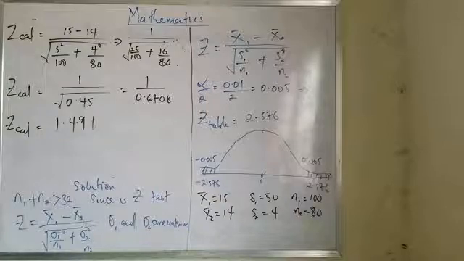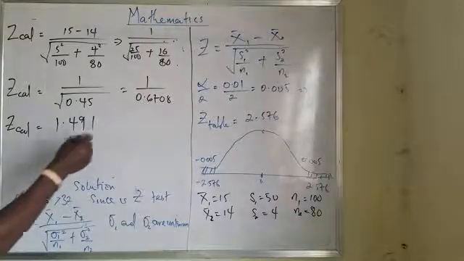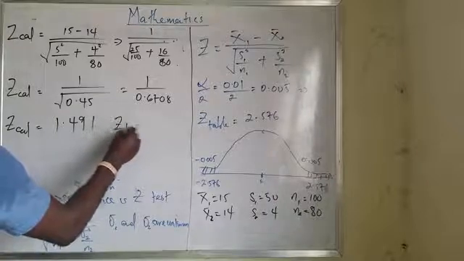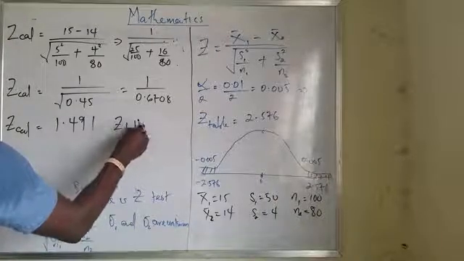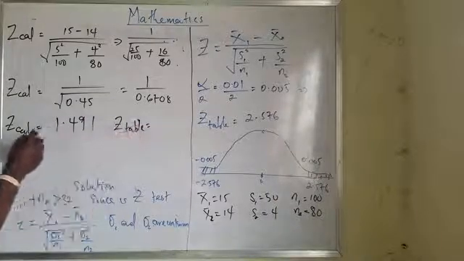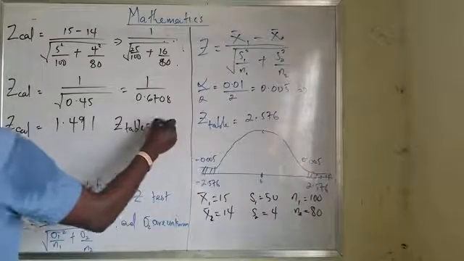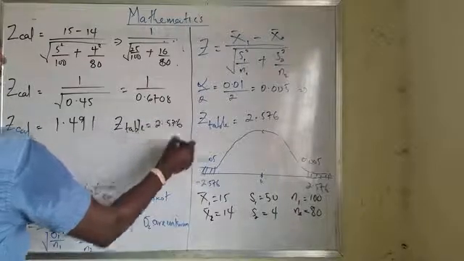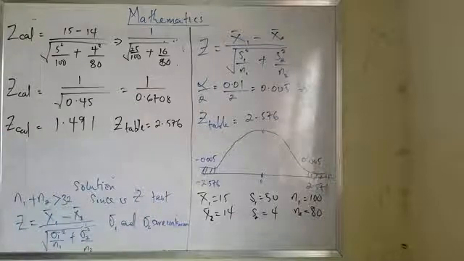Now I have my z calculated as that, and my z table equals 2.576. Note, let me restate it.